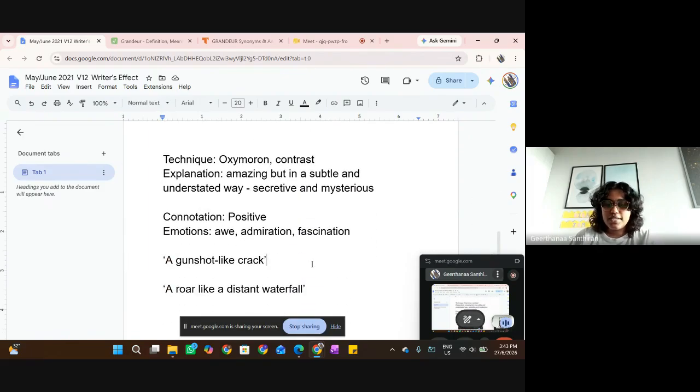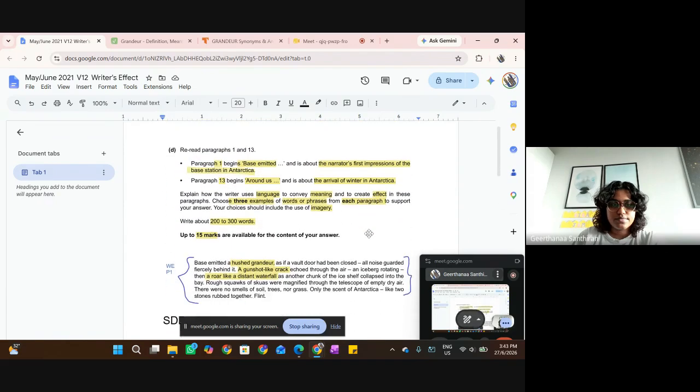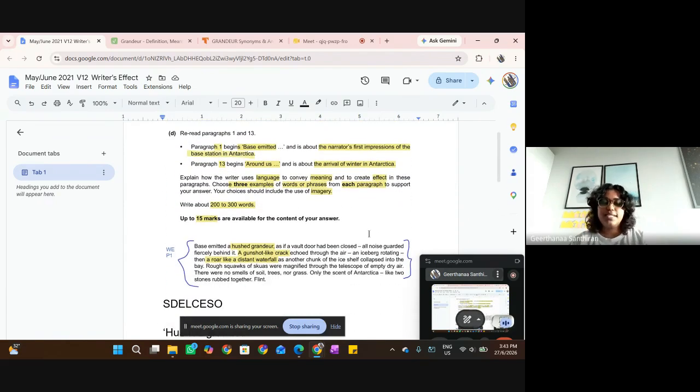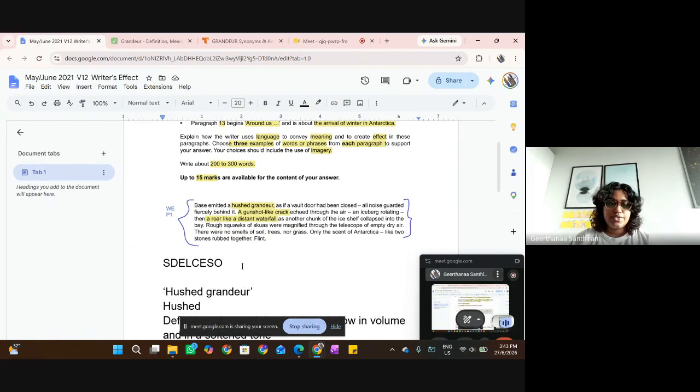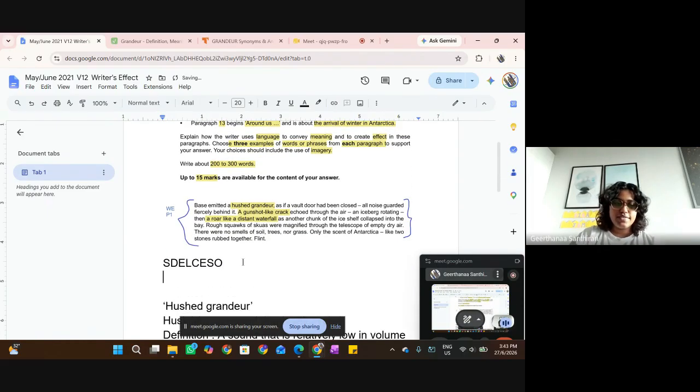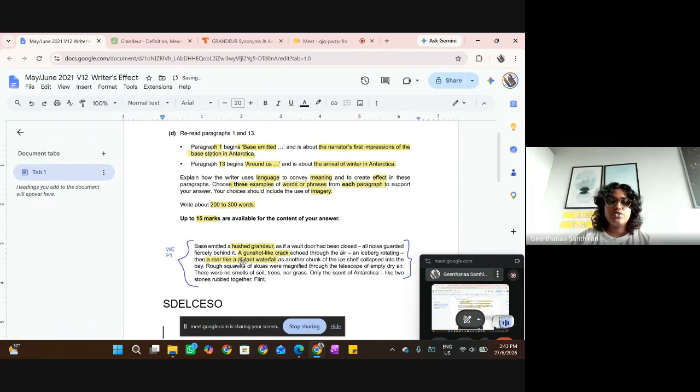So you have all of your working, all of your brainstorming, your ideas. Now you can put it all together into complete sentences. So let's do that since it's still fresh in our mind before we go to the next few. If you want a template, a formula, what I like to do when I write my answer paragraphs is that I like to tell you which paragraph I'm talking about first.